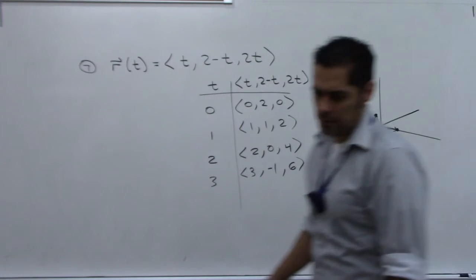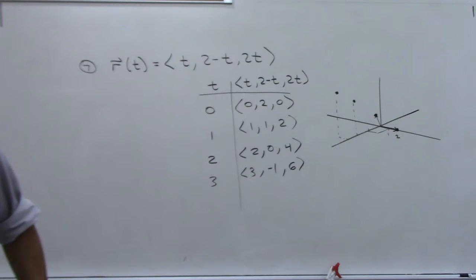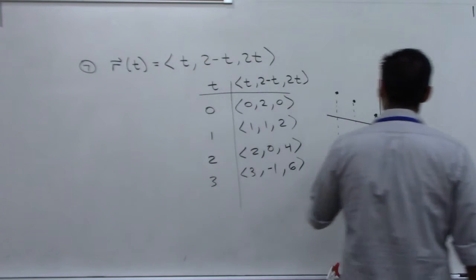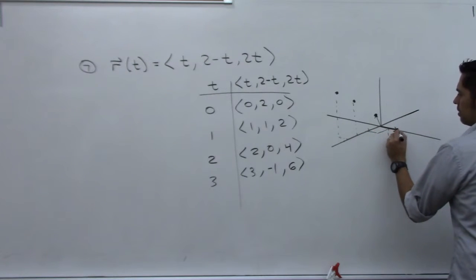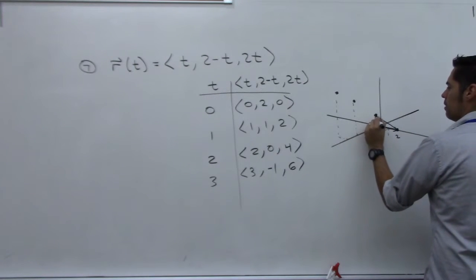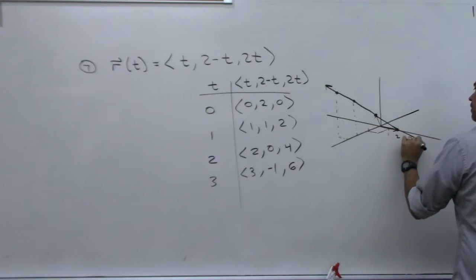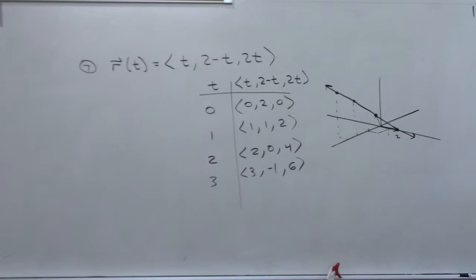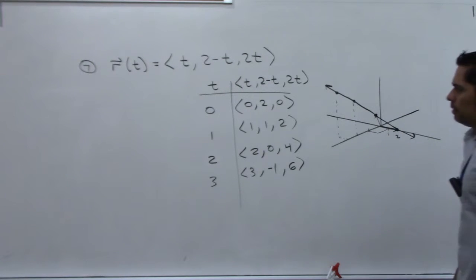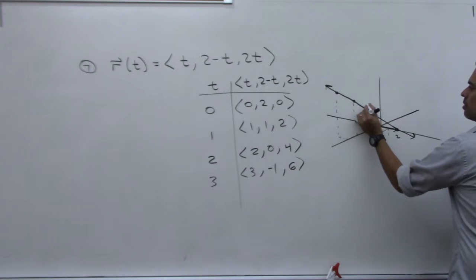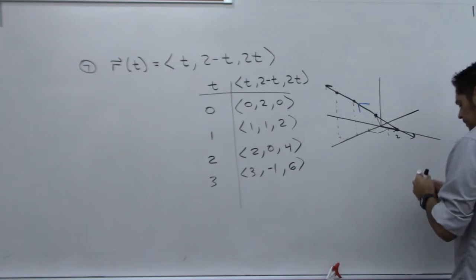So that's going to be really difficult to draw. But the important thing is that it's linear. Okay, so these are connected. So it goes like this. It's a straight line. Okay. And as time goes on, we are actually going in this direction. Okay.